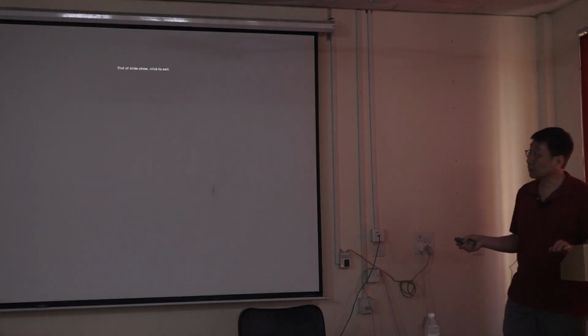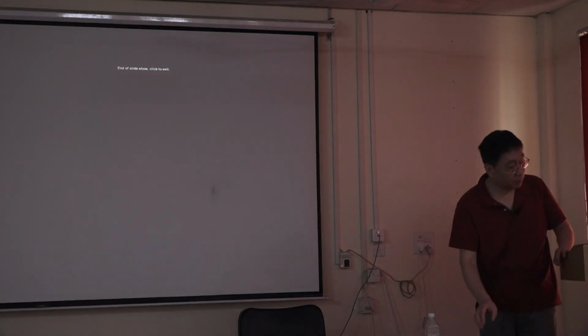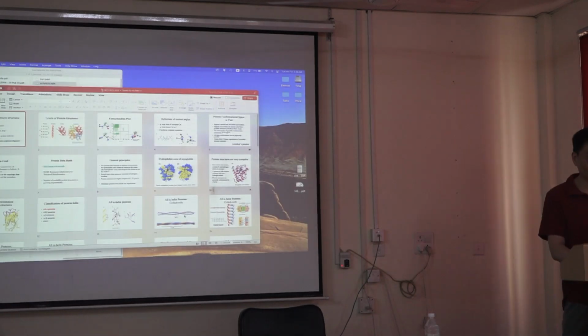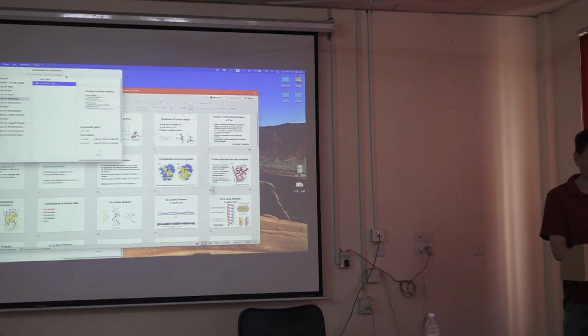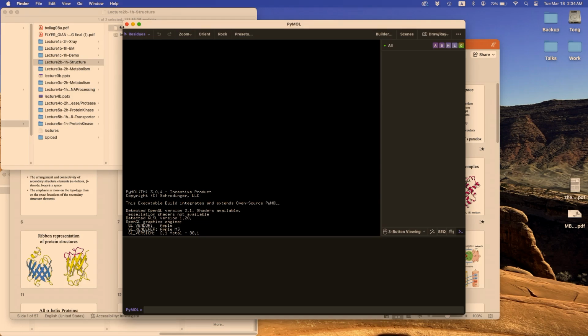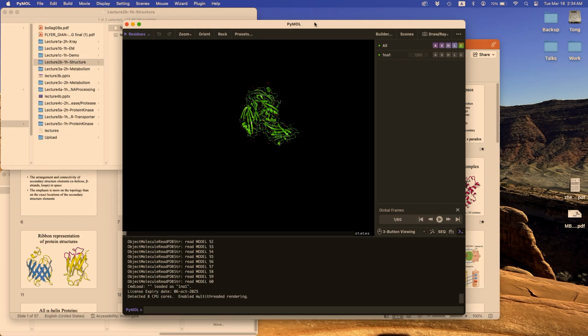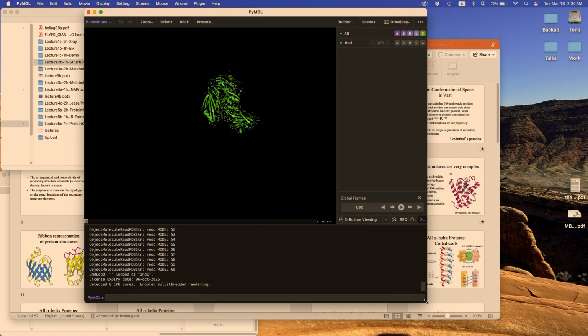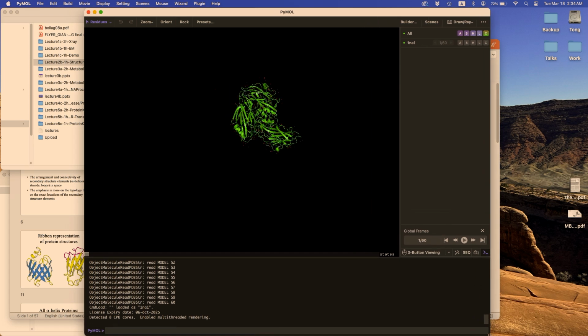Okay, so that's the slide I will show, but I will also show you something for the virus. So here is the structure of the rhinovirus. And so what you have, let me color by chain.